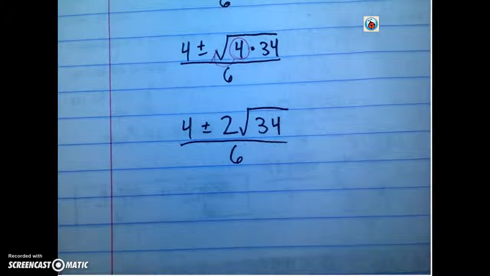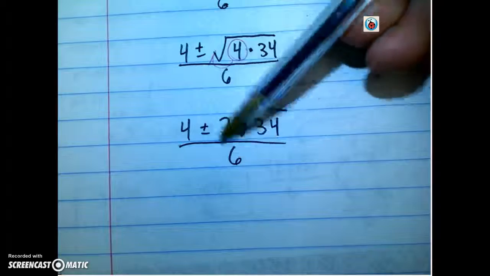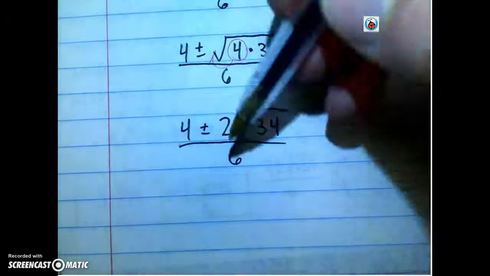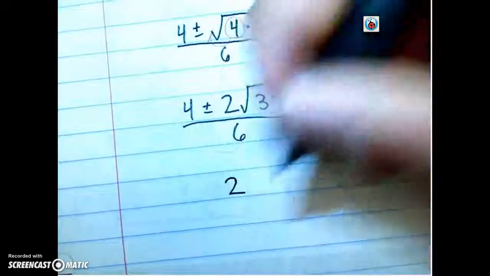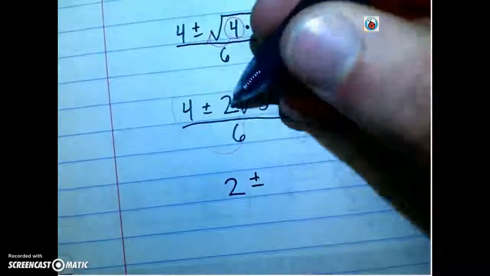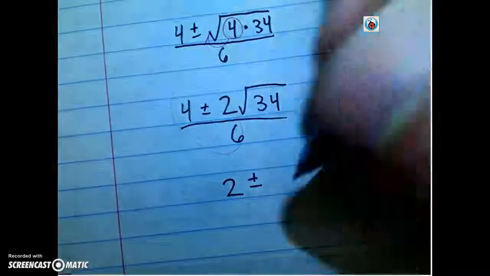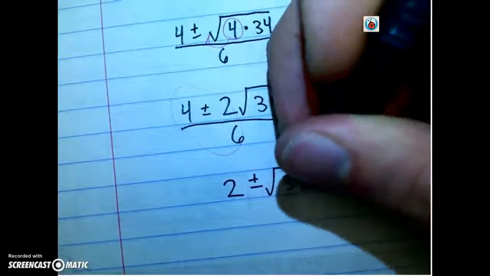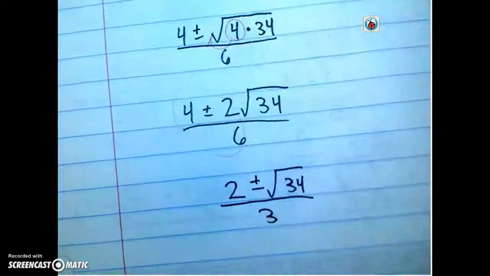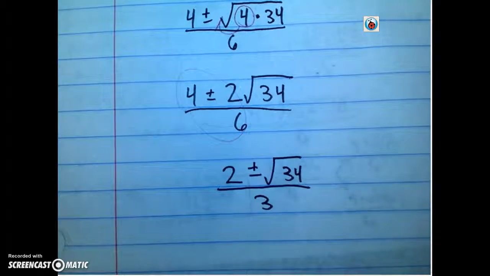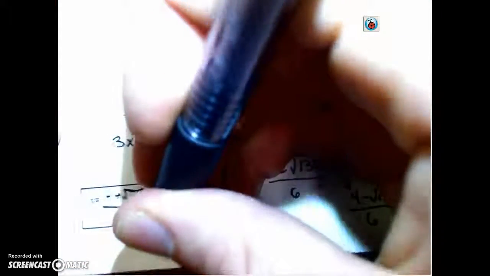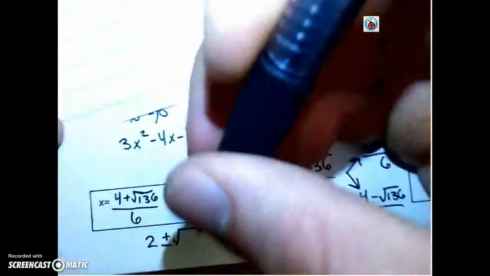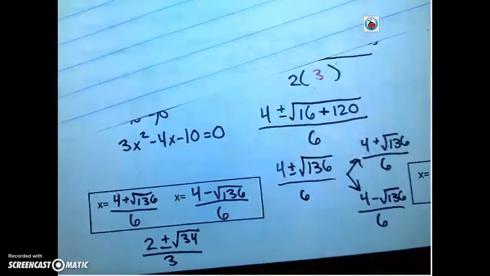Now, what we're going to be able to do is 34. So that would be the all the way as well. That works as well.